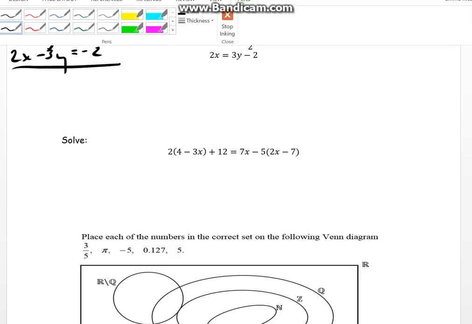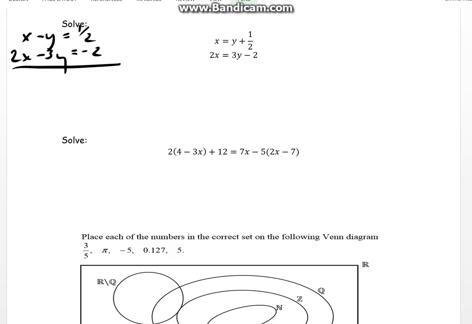In simultaneous equations, you want to get either your x's or your y's to be the same number but different signs. So we work on the same number first. So we multiply the top line by 2 and we get the x's to be the same number. I don't just multiply the x, I multiply everything in that top line by 2. So it becomes 2x minus 2y equals a half times 2 is 1. The bottom line didn't change because I didn't have to.